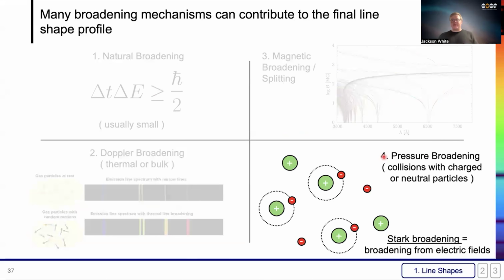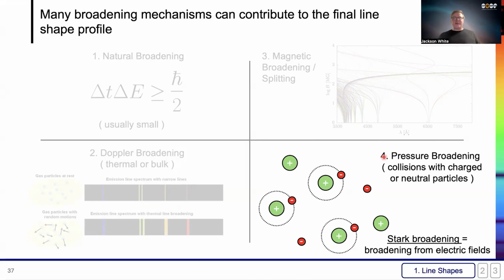But the main thing that we're going to focus on here is something called pressure broadening, which is broadening from charged or neutral neighboring plasma particles. Specifically, we're going to focus on something called Stark broadening, which is broadening from ultimately electric fields. So if you imagine, say, an atom in a dense plasma with all these free electrons and charged ions flying around, those plasma particles are going to generate electric fields, and those perturbing electric fields shift the transition energies at which these line shapes show up.